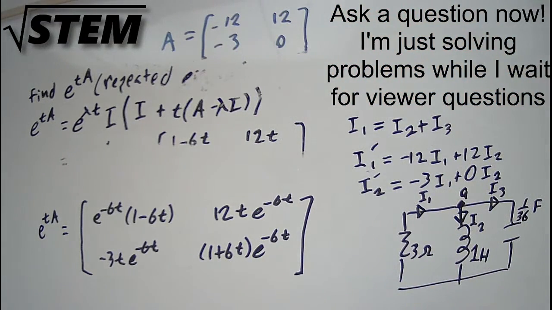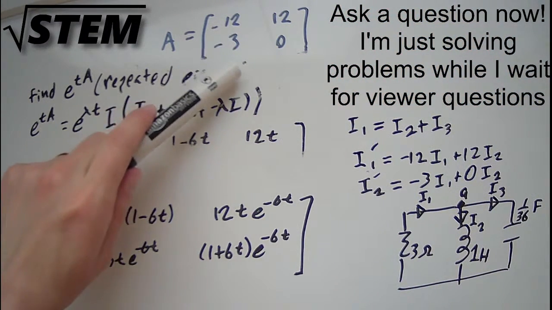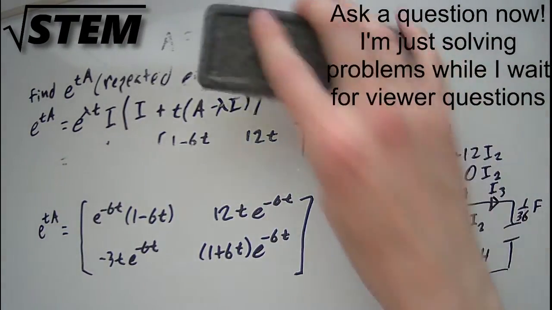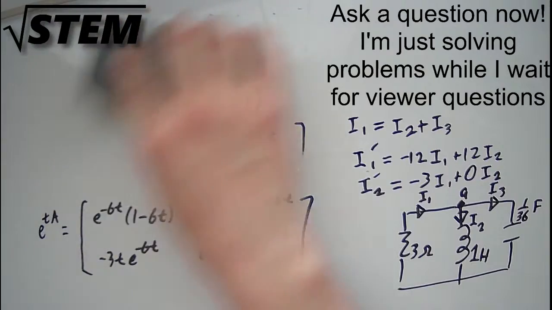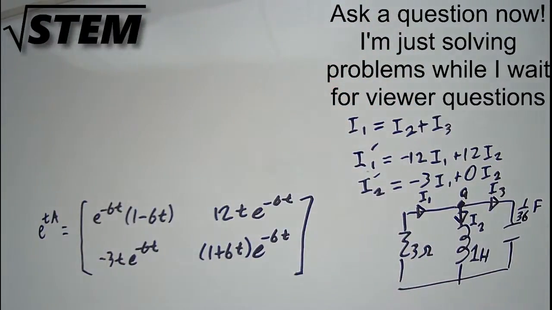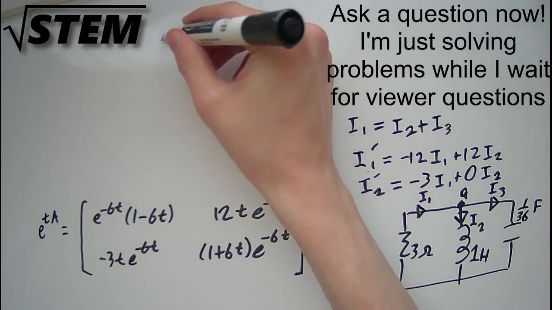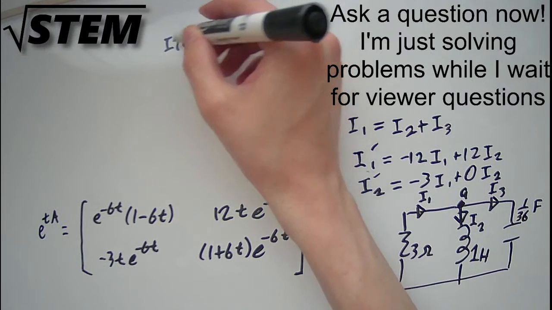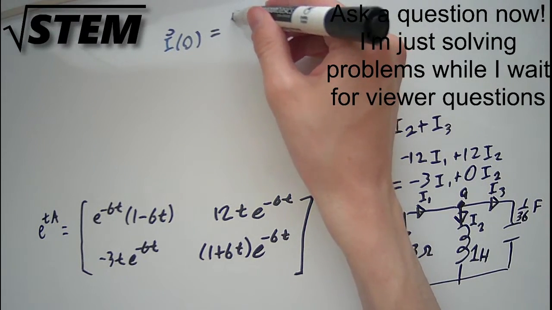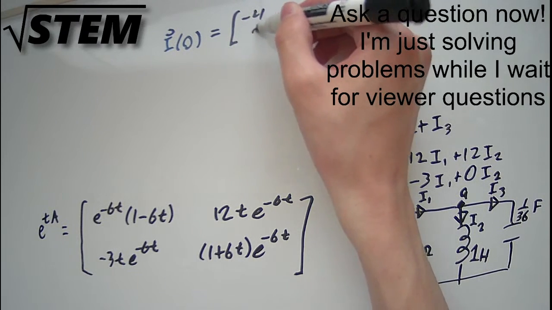Do we need A written down anymore? I don't think so. If we do need it, it's easy enough to see it off of our original system. Okay. So we have the initial condition I of 0, the vector, is equal to negative 4, 0.